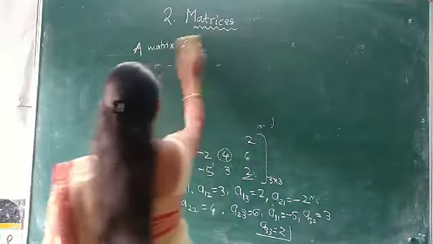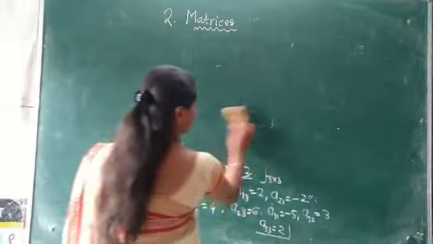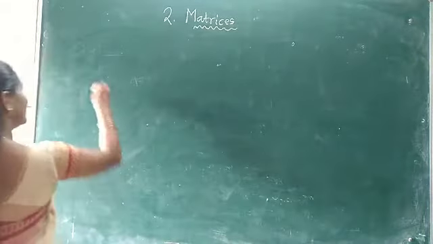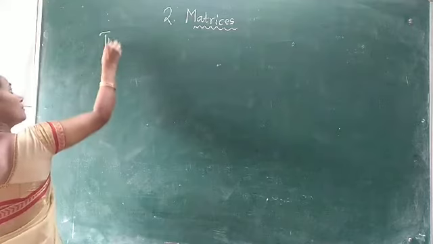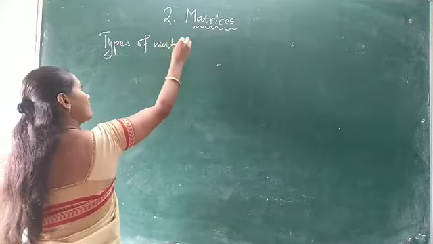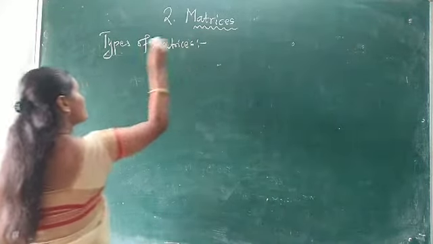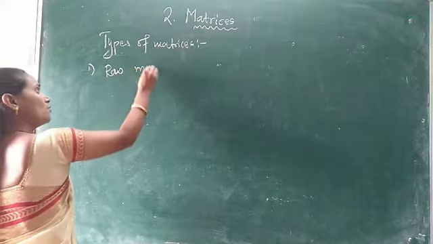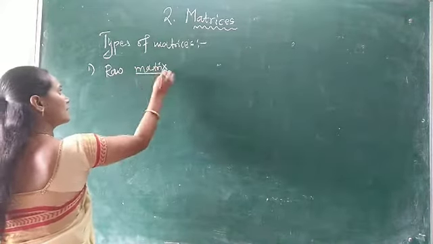Now we will see types of matrices. There are many types of matrices. The first type is the row matrix. What is meant by a row matrix?